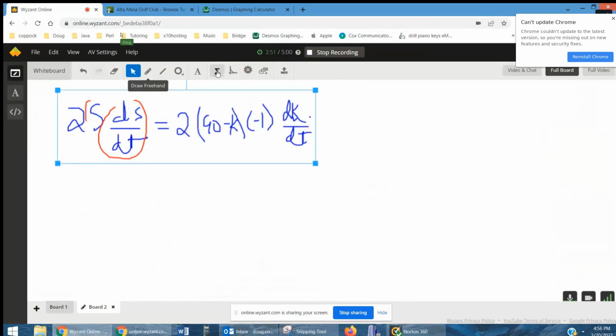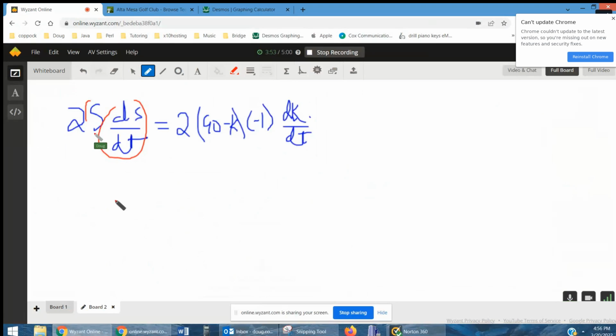And so ds/dt equals, well, if I divide by 2, these 2's will cancel out. If I distribute this negative 1, I'll get k minus 90. And I have to divide by that s.